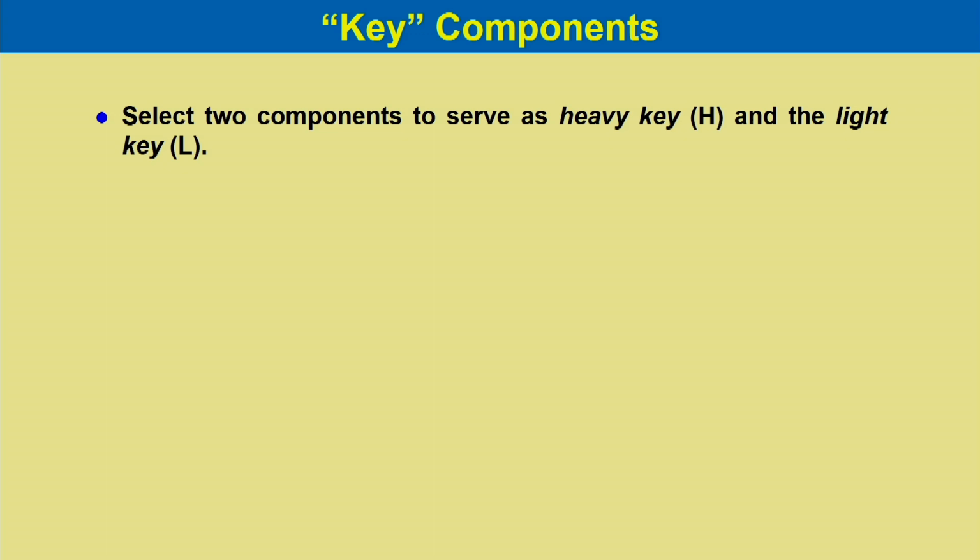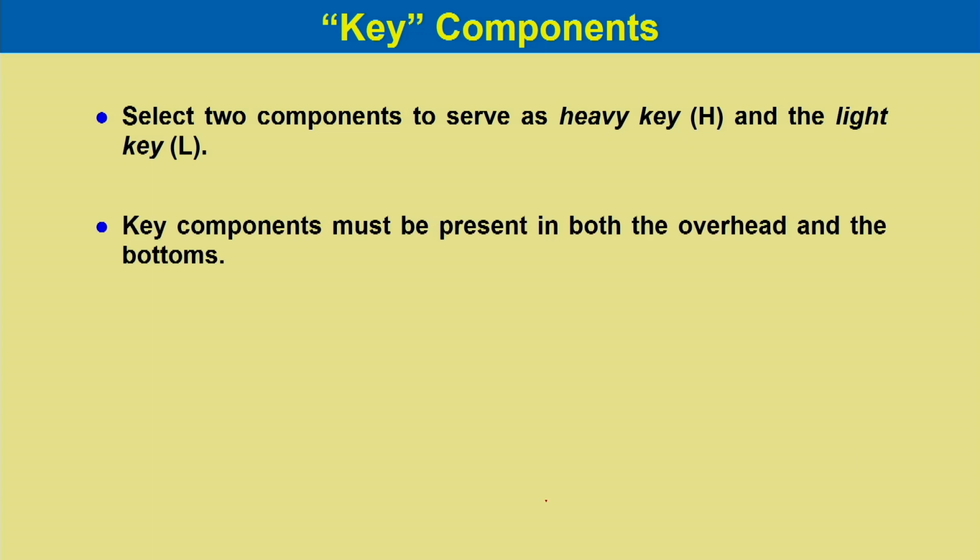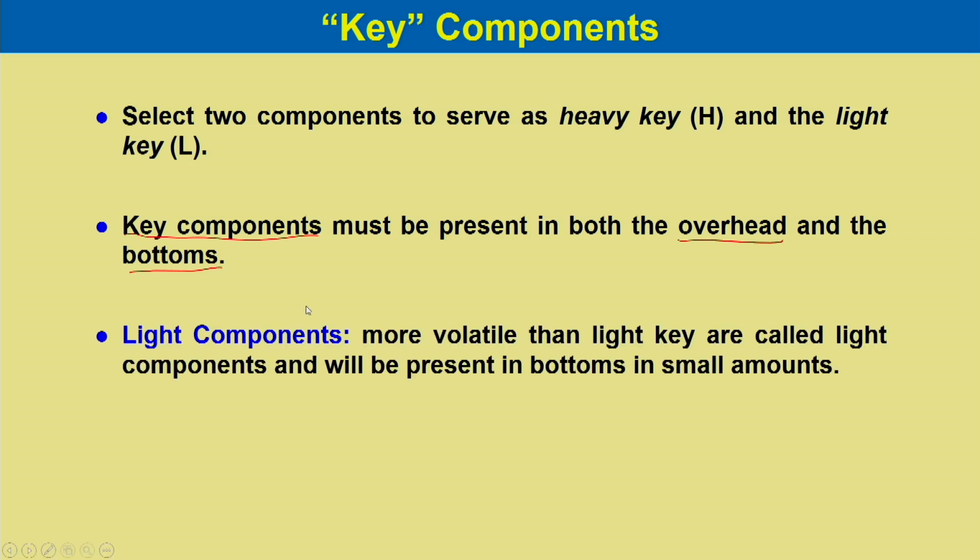Now, we need to consider the key components for multi-component distillation. Select two components to serve as the heavy key and the light key. Key components must be present in both the overhead and the bottoms. Light components are those more volatile than the light key and will be present in the bottoms in small amounts.